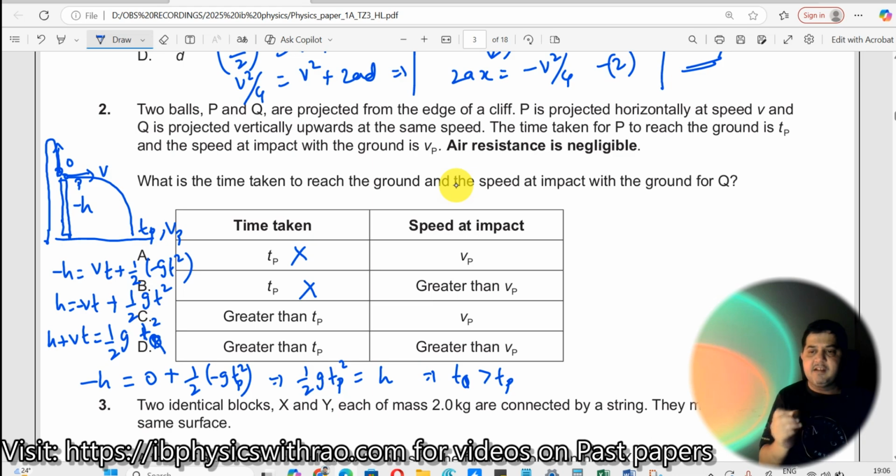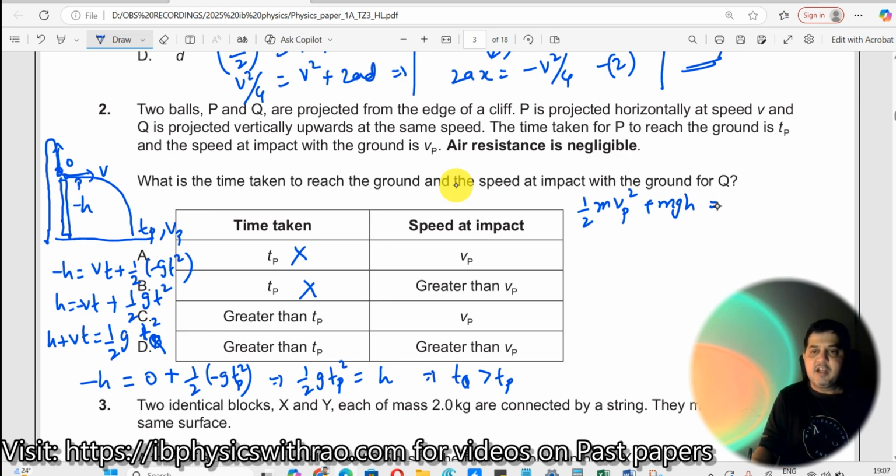Let us eliminate all the non-possible outcomes. Now, the next one, speed at impact. How do you do speed at impact? Use energy conservation. When you throw the particle, what's the energy here? The energy at this point is half m v square plus mgh, because the particle is at a height here.